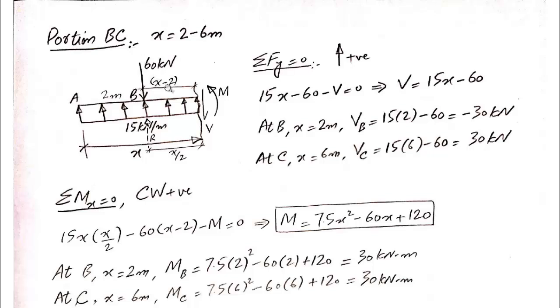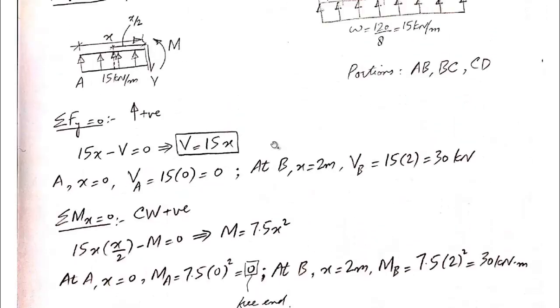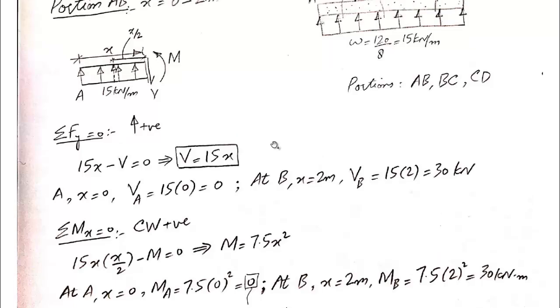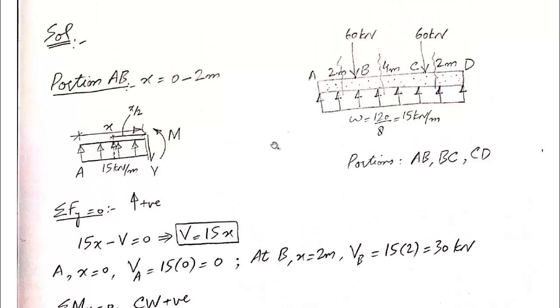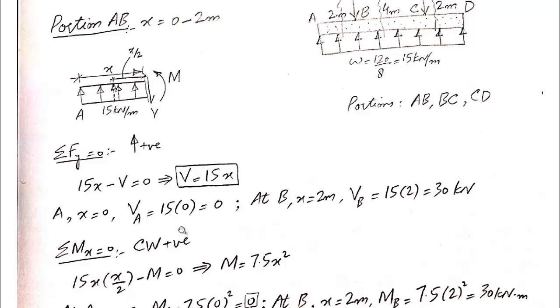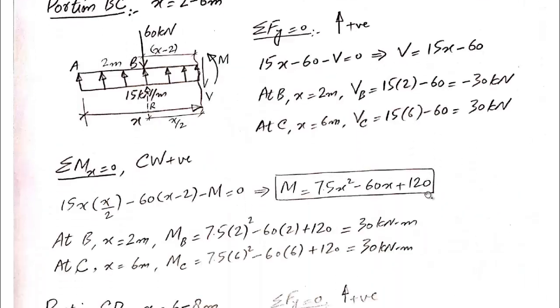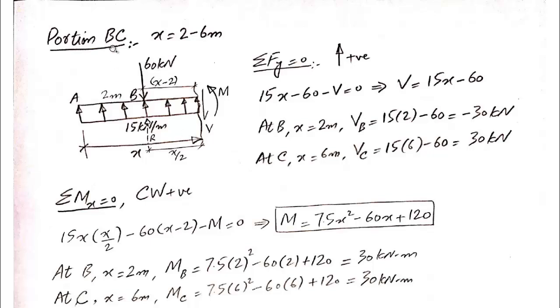First value is coming from portion AB. So where is portion AB? The value of shear for point B from the AB side is 30 kilonewton positive, and the value of shear for the same point from portion BC is minus 30 kilonewton.